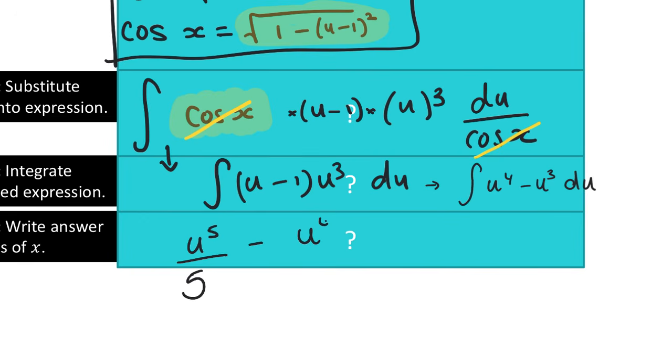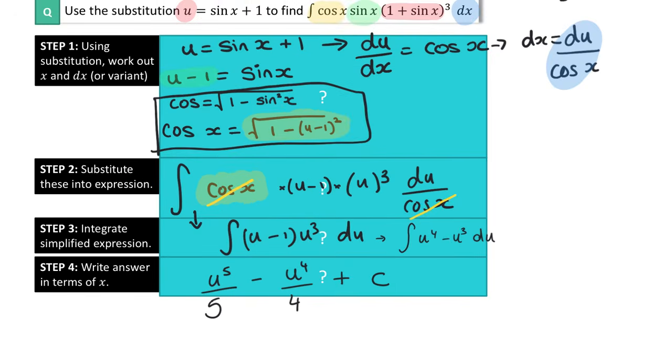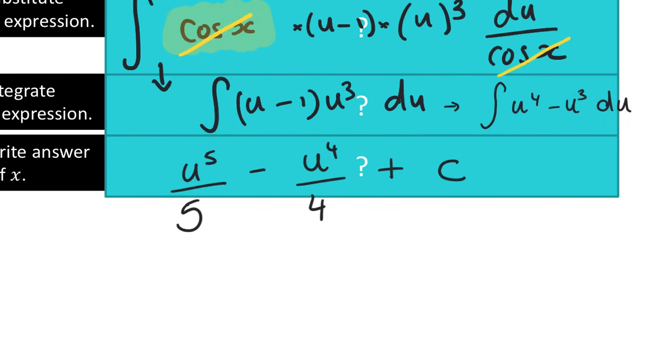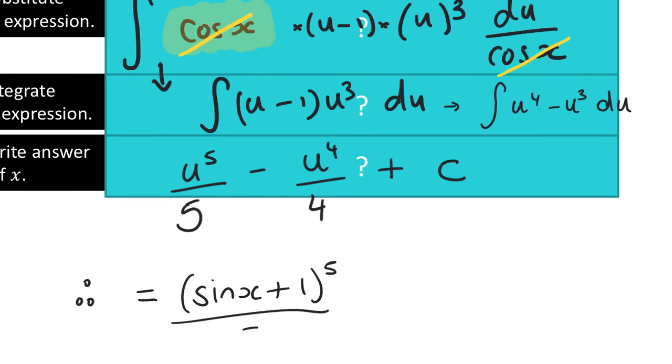Minus, increase the power by 1, 4, divide by the new power, plus c. Okay, does anyone remember what our u was? Sine x plus 1. So now, therefore, this equals sine x plus 1 to the power of 5 over 5 minus sine x.